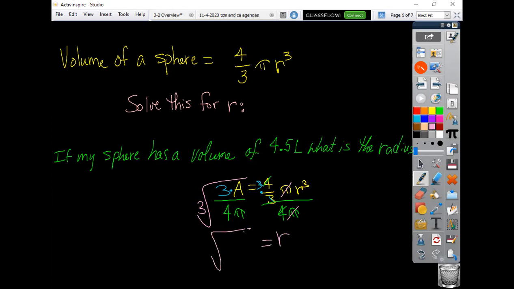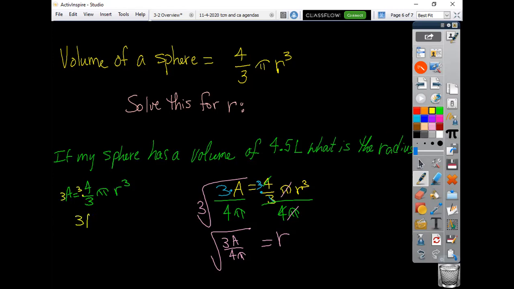If somebody doesn't like me showing it with all that shorthand shortcut and needs every step written out, let's see how that looks. So again, I've got my area equals this, 4/3 pi r cubed. First, undo the dividing by 3.